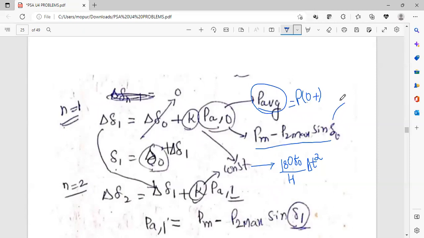This del naught, how to find it out, as I had just now told, is sine inverse of Pm per unit divided by Pe1 max.